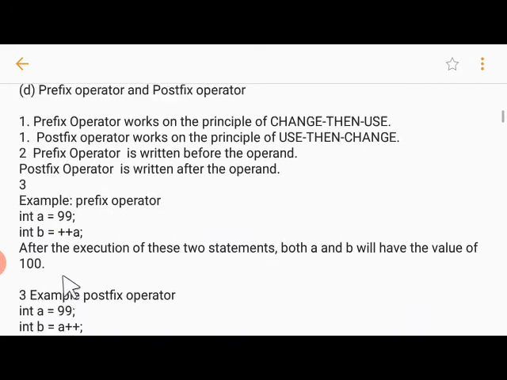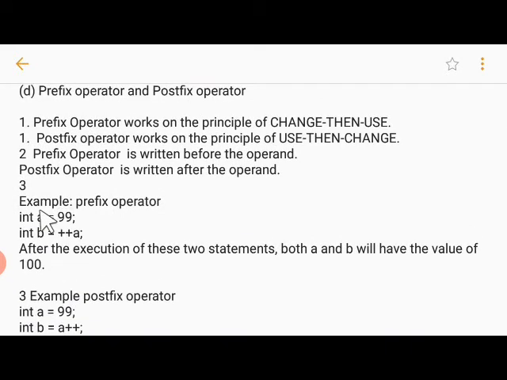Alright students, after this example, prefix operator: int a = 99, int b = ++a. After the execution of these two statements, both a and b will have the value 100. So a contains 99, b has ++a.